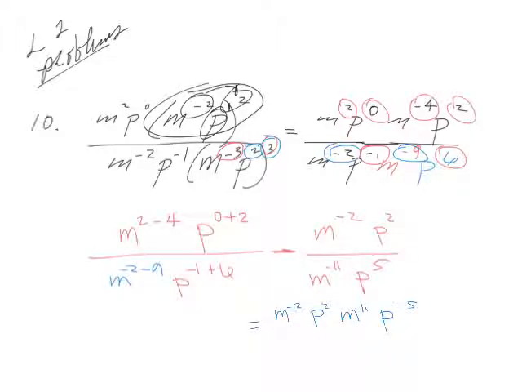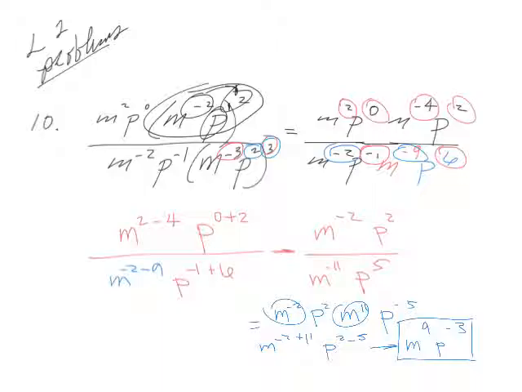I'm going to add that 11 to the minus 2 for the m's, and then I've got p squared, and then I've got a minus 5. So when I'm all done, I have m to the 9th, negative 2 plus 11, and p to the 2 minus 5 is negative 3, and now I have it simplified as much as I can go.